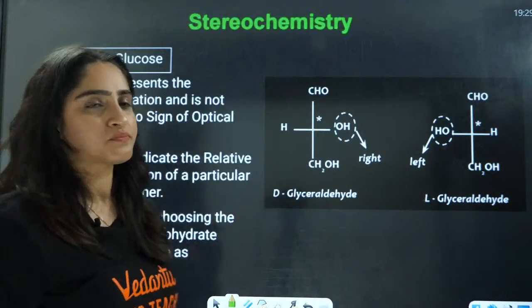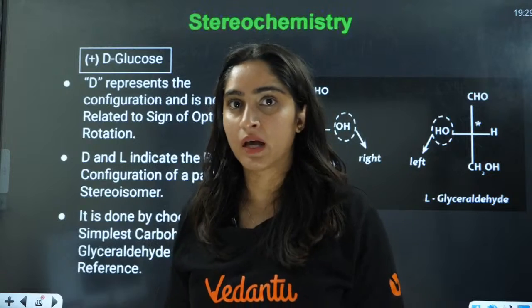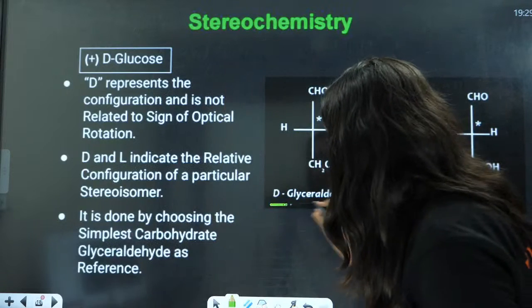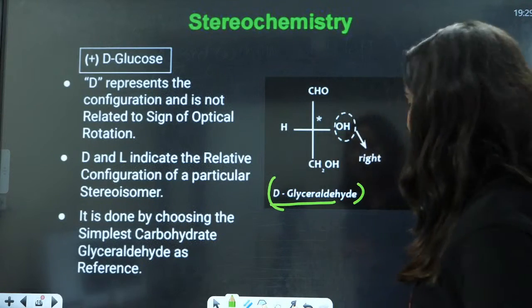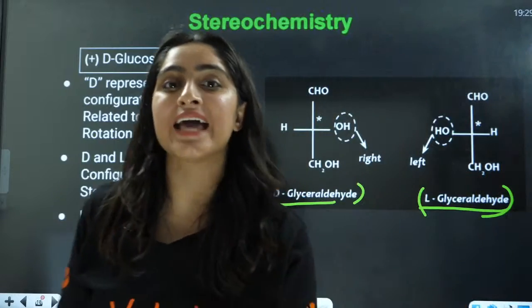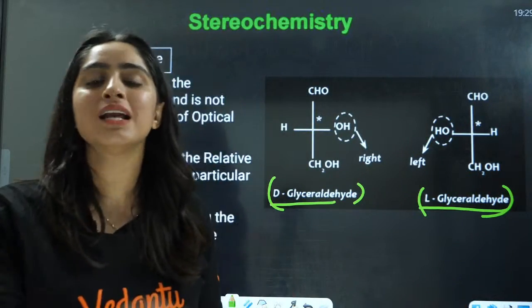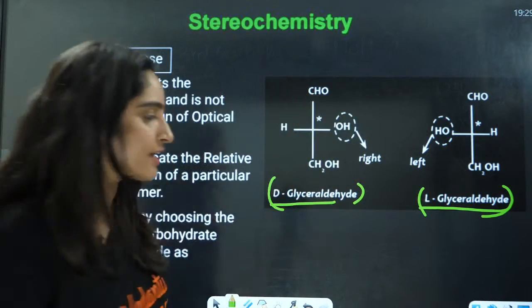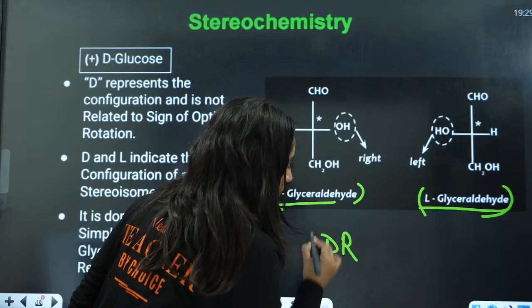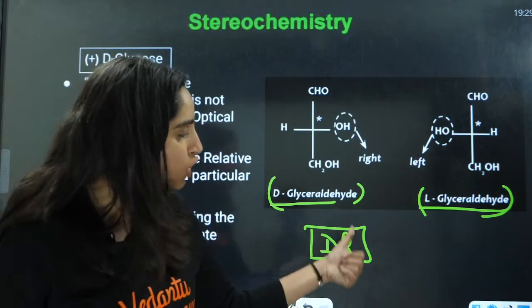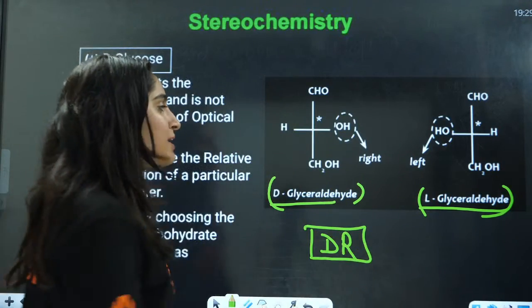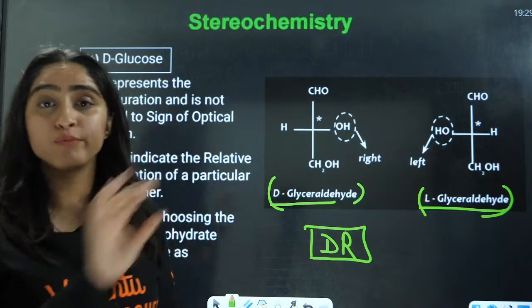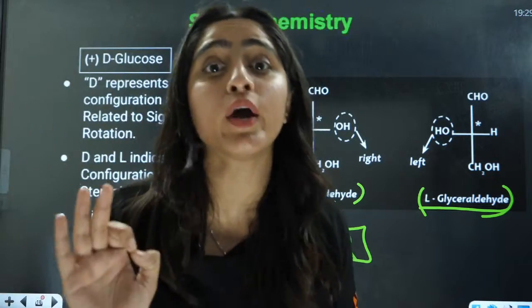Next is the stereochemistry. What is D and what is L? If on the last chiral carbon you have the OH group on the right side, just remember doctor, that means that is capital D. I'm not talking about dextro or laevo here.